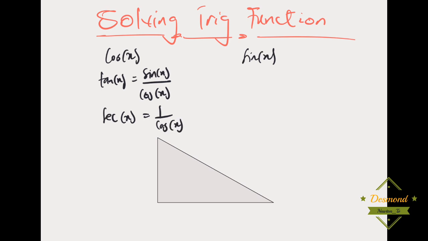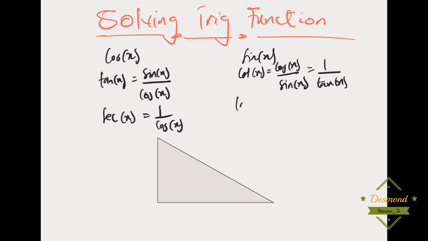Under the sine of x, we have cot of x equal to cos of x over sine x, which is also equal to 1 over tan of x. We'll get into more of that, so just be patient.